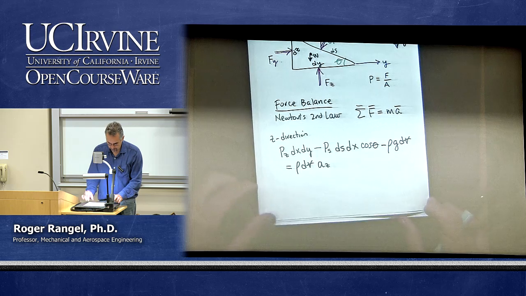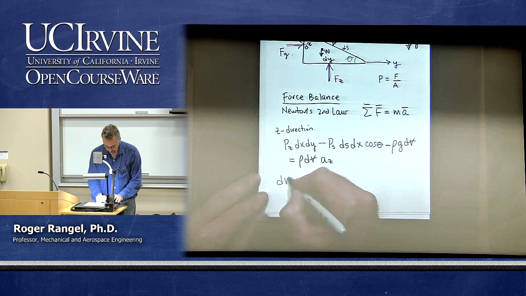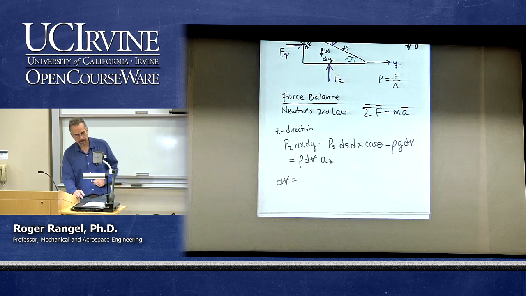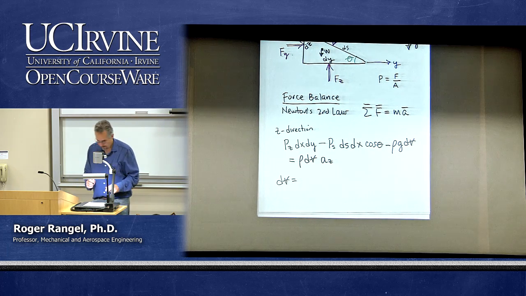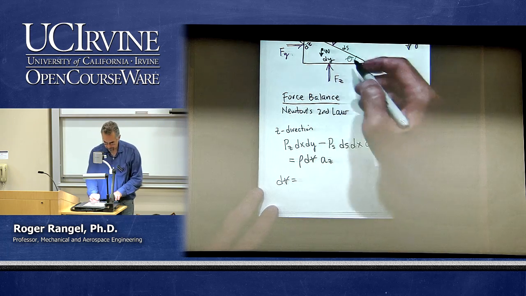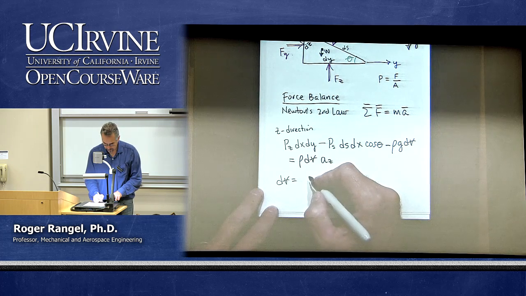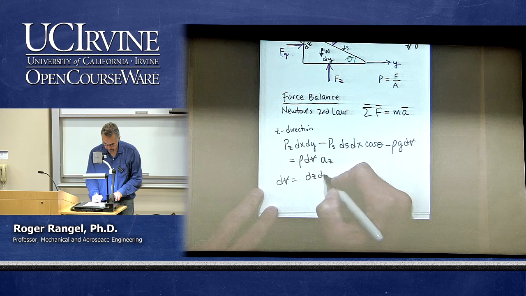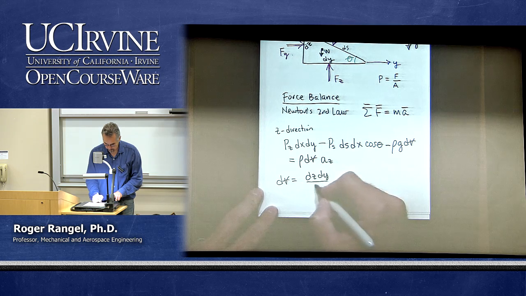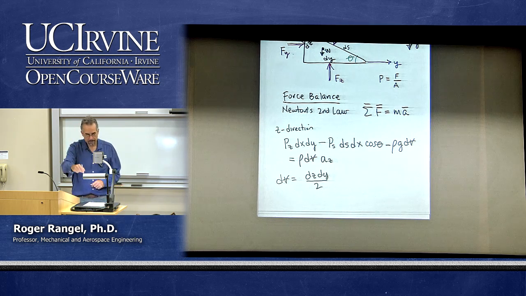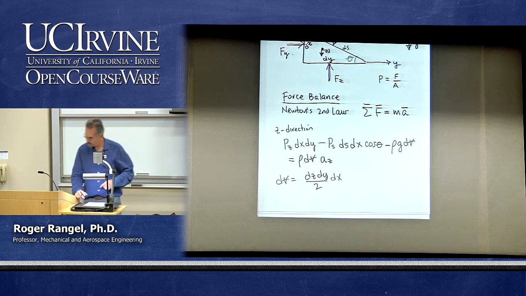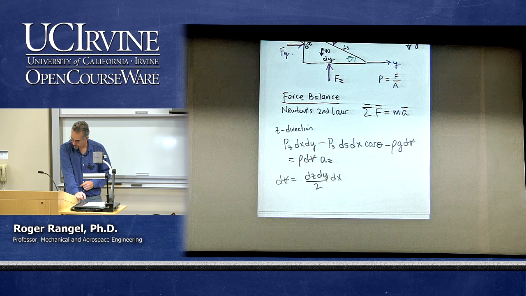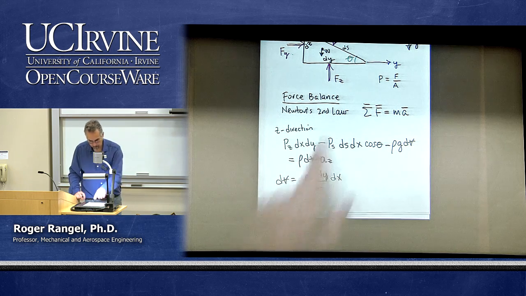Now, what is the volume of this element? Well, the area of this triangle is dz times dy over 2, times the width into the paper, which is dx. So that's the volume of the fluid element.